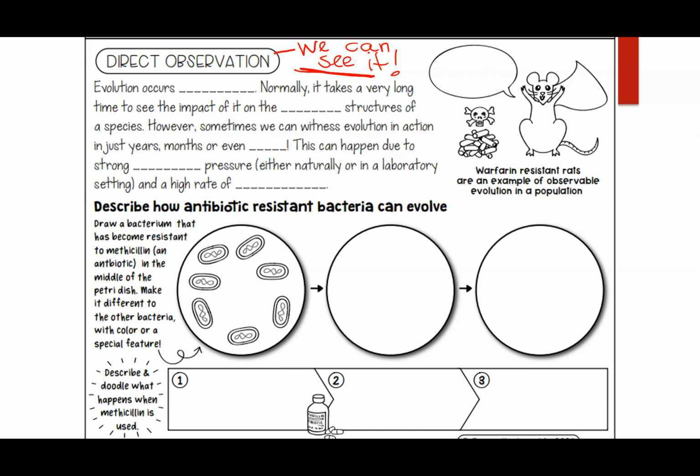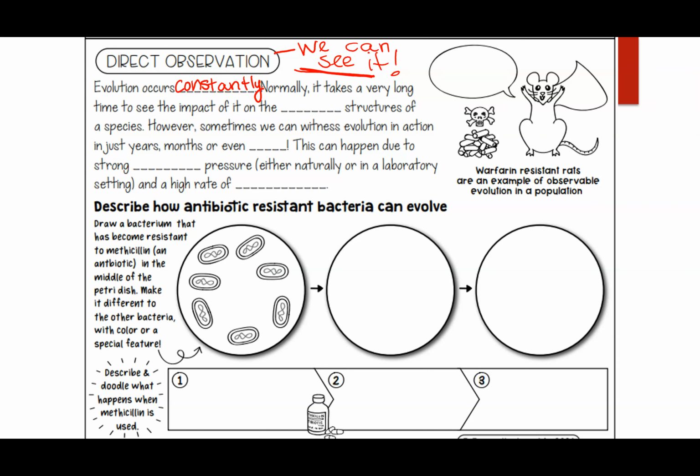Okay. So evolution occurs consistently. Okay. Consistently and constantly. Let's put the word constantly in here so that we understand it happens all the time instead of consistently. Let's do that. So all the time.